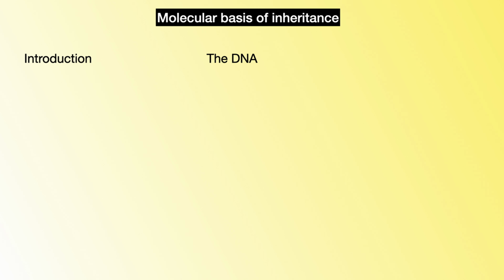Nitrogen bases: there are two types, purines and pyrimidines. Purines are adenine and guanine. Pyrimidines are cytosine, uracil, and thymine. Purines, adenine and guanine, are seen in both DNA and RNA.